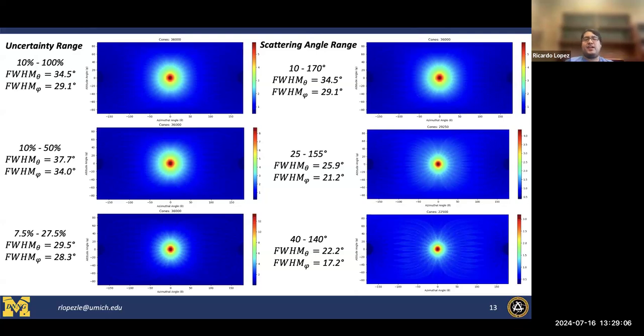And as we can see on the left column, for when we're changing the uncertainty ranges, the top image consists of imageable events that have anywhere between 10 to 100% relative uncertainty. And as you go lower and lower down the column, this range of uncertainties basically narrows, i.e., I'm having it be more constrained to a particular range of actual uncertainties, such that on average, the average uncertainty is a lot lower as you go down the column.